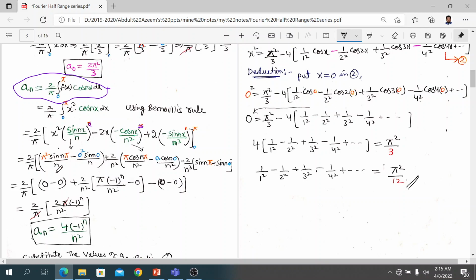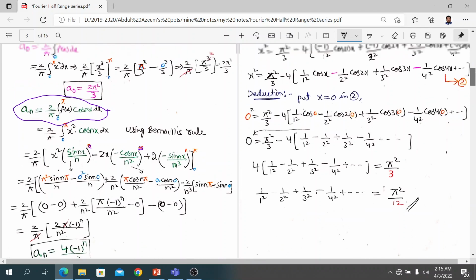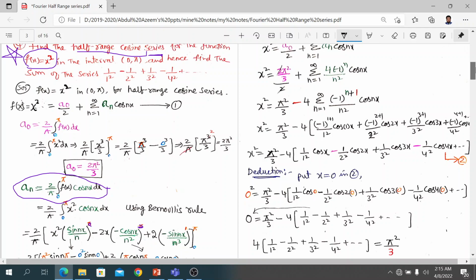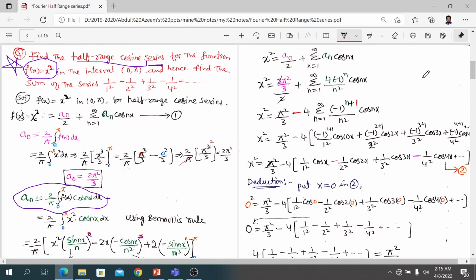So this is a naught, this is a n. Substitute the values in the first equation. Our first equation: x square is equal to a naught by 2 plus sigma n is equal to 1 to infinity a n cos nx. So what is the a naught value? 2 pi square by 3 by 2 plus sigma n is equal to 1 to infinity a n.